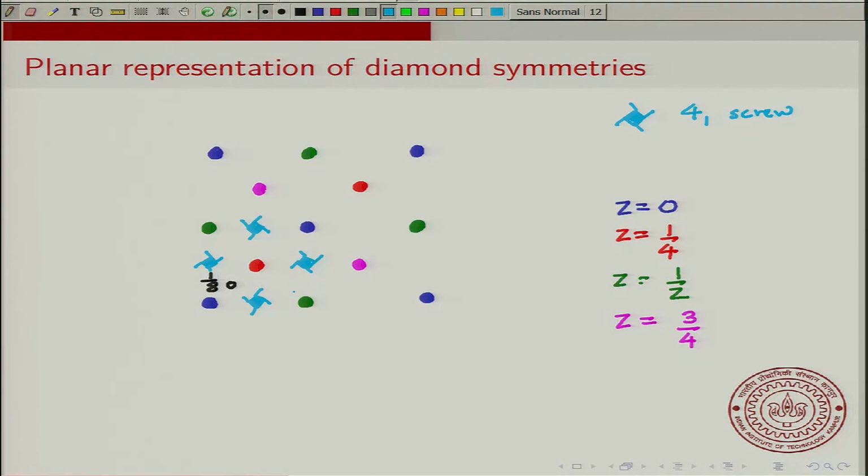Now additionally there is of course the diamond glide plane. Okay, so the diamond glide plane, which is shown in the following way. This is a diamond. This is a representation of the diamond glide.